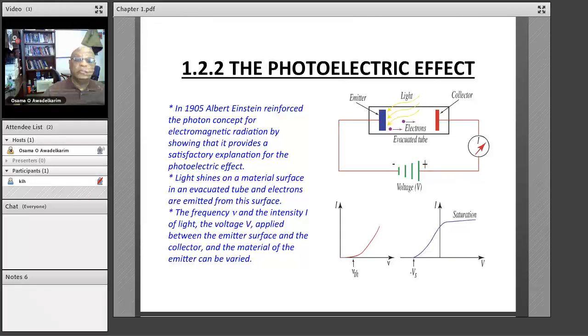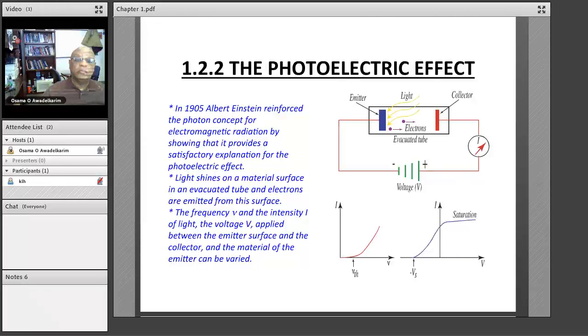Now, the waves are very well established. We know by experiments that there are diffraction patterns when we have electromagnetic radiation. And if we experiment with light, which is part of the electromagnetic spectrum, we get diffraction and interference. So the wave nature of electromagnetic radiation is very well established.